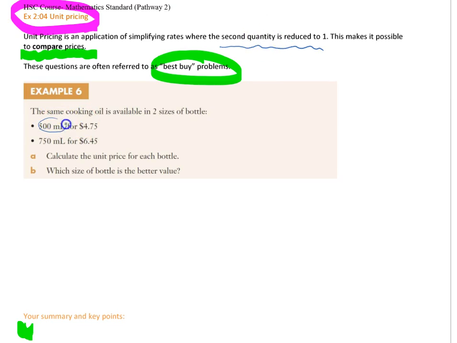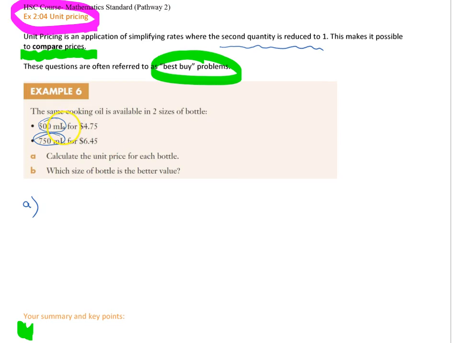This is the quantity, and this is the quantity. We want to know what 1 mil costs in this situation and what 1 mil costs in this situation. So we're actually going to write the unit price for each bottle. We're going to get the rate or the unit price written appropriately.